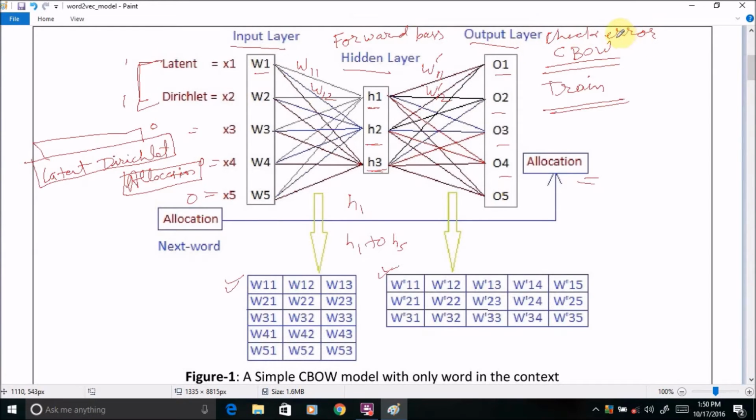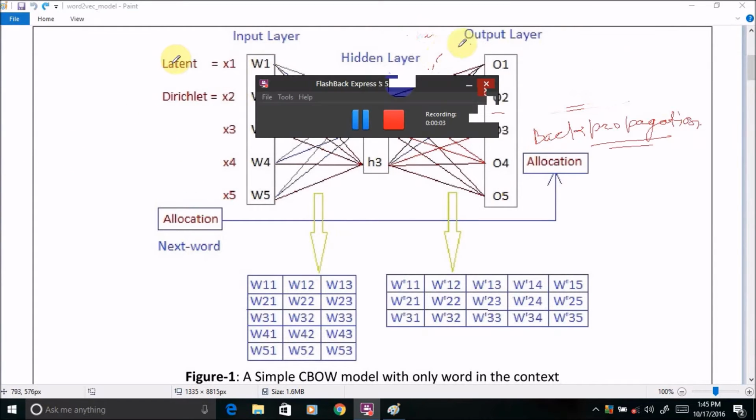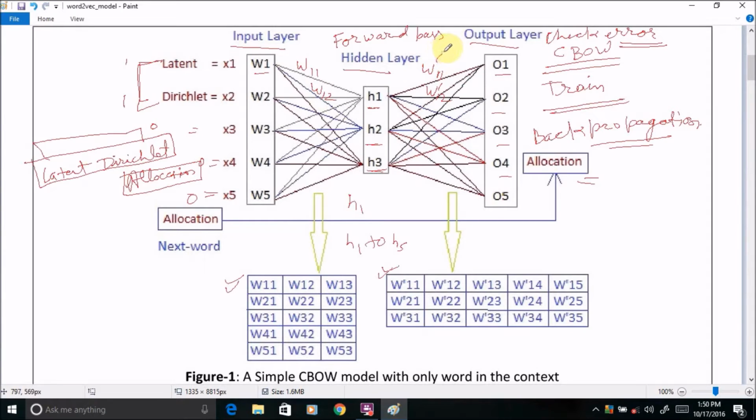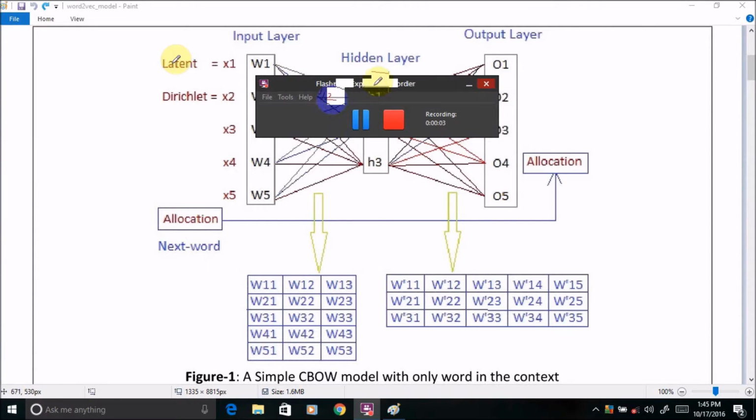In case error detected, then we apply backward pass or back propagation, and the main purpose of all back propagations is to correct the weight of neuron or optimize the weight of neuron. We repeat this entire process until we get the optimal weight of all the neurons in these matrices.